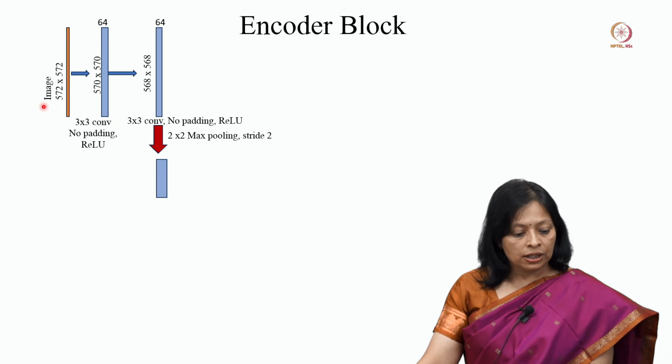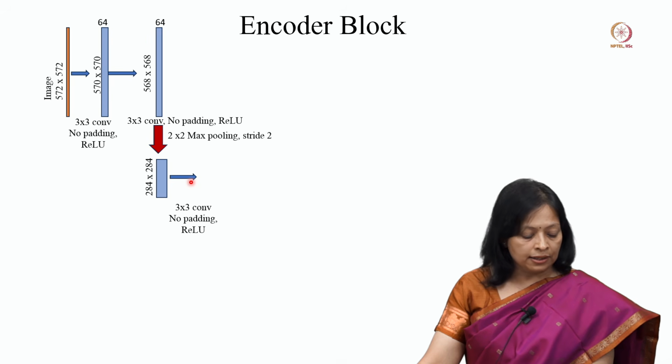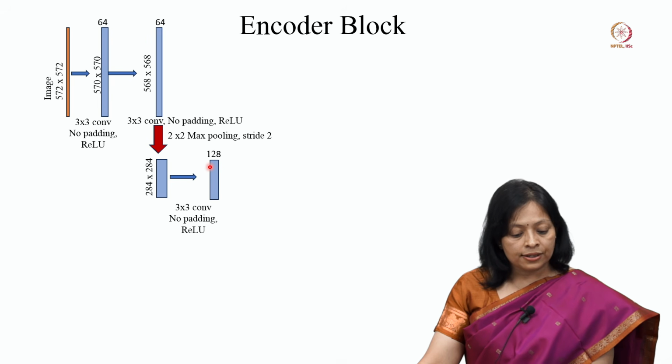So the original one was 568, the last one coming out of the convolution, and half of that is 284 by 284. Then it undergoes once again 3 cross 3 convolution, no padding, ReLU, also having 128 filters, and the size here is 282 cross 282.